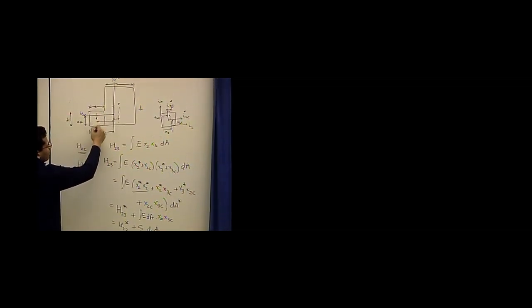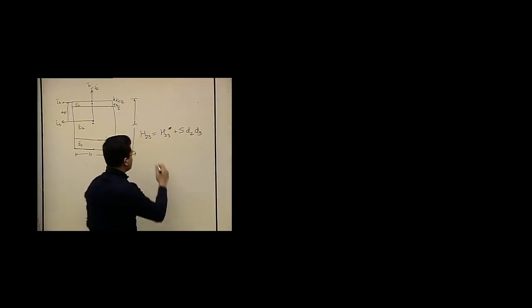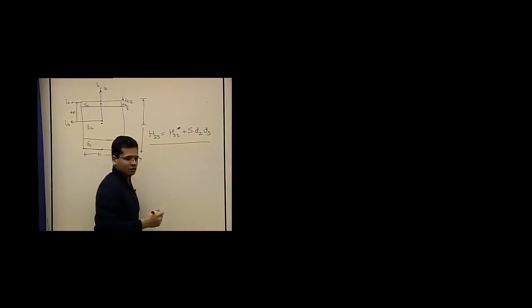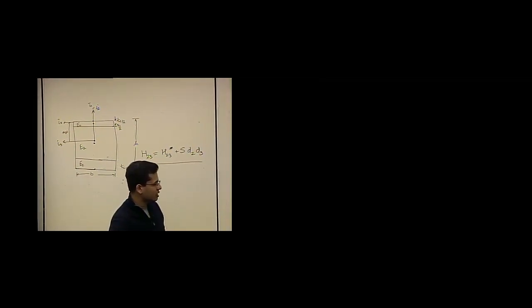That's what we do in these problems. We have this subsection, we have the centroidal frame. We calculate H23 there, and use this formula to get to that frame where we want to go. So this is going to be the final representation, just in case you are not able to see that.